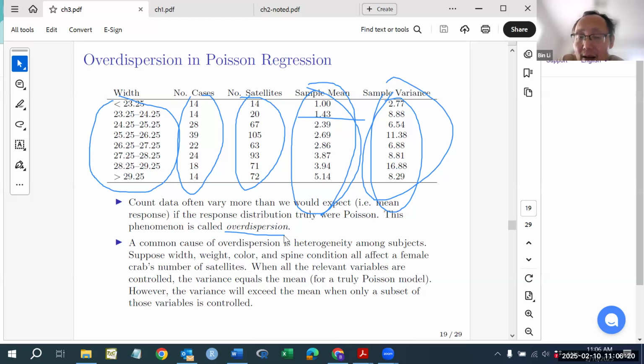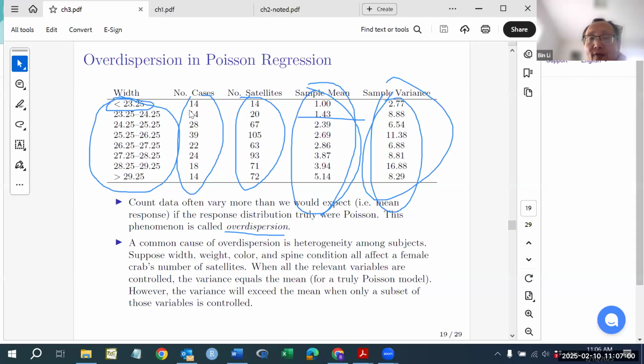Since here we only focus on the width and ignore the other relevant variables, the data is heterogeneous. Within each group, for example the group with carapace width less than 23.2, there are different members with different values for other relevant variables.